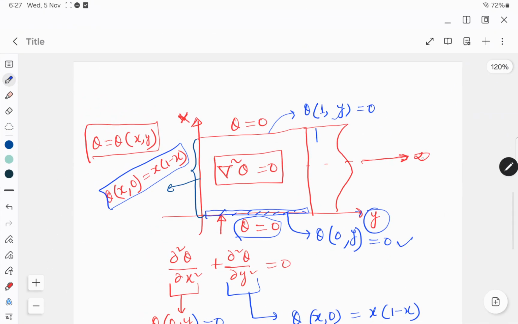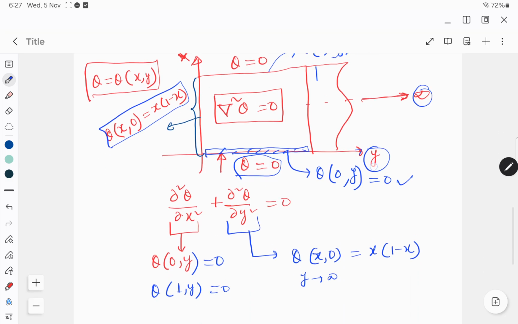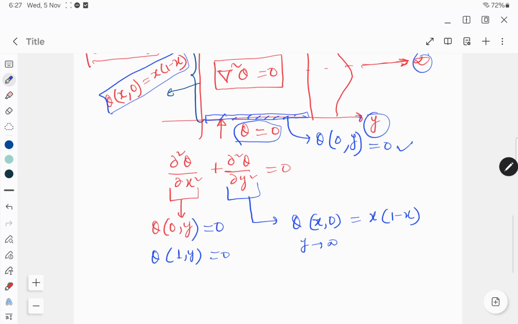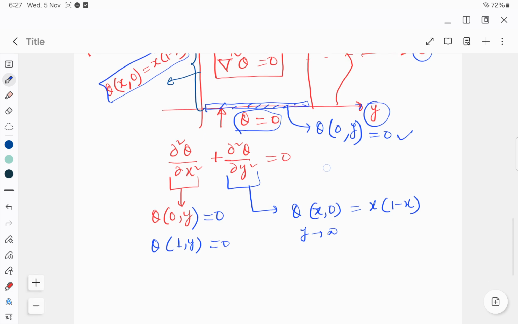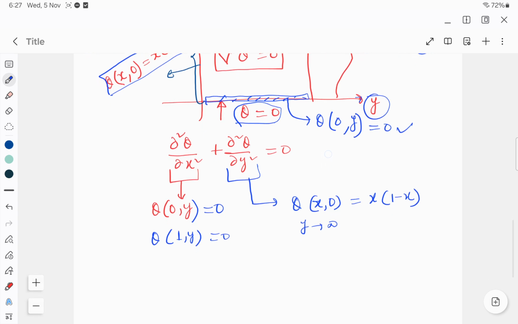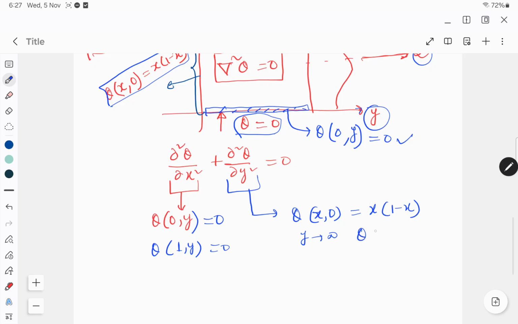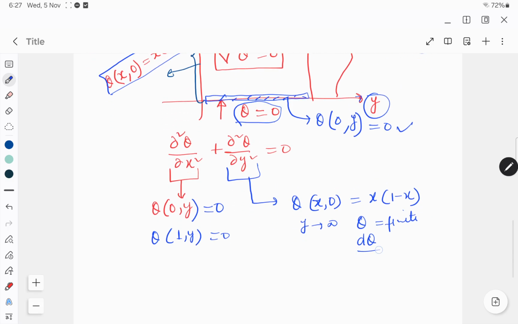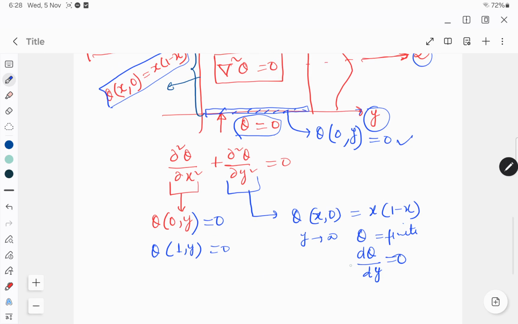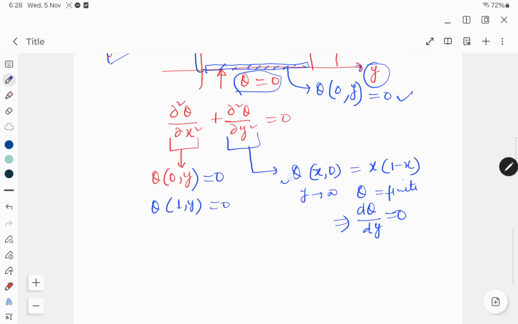Whatever theta we get at y tending to infinity must be finite. That means the flux at y tending to infinity would be 0, so d theta over dy is equal to 0. So these are the boundary conditions. Two boundary conditions here and two here we got.